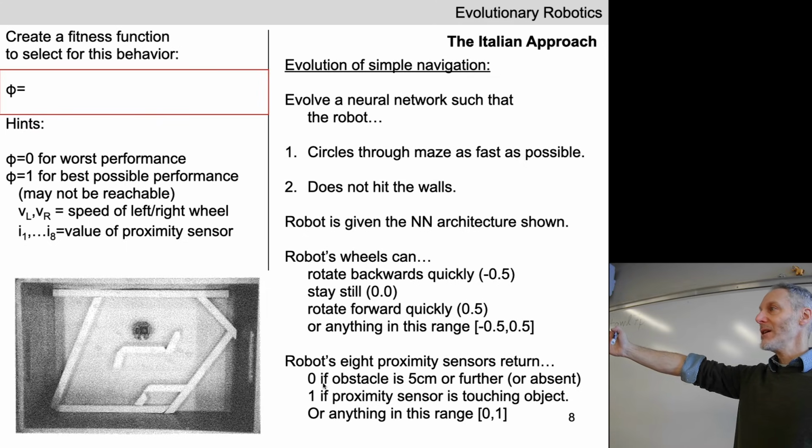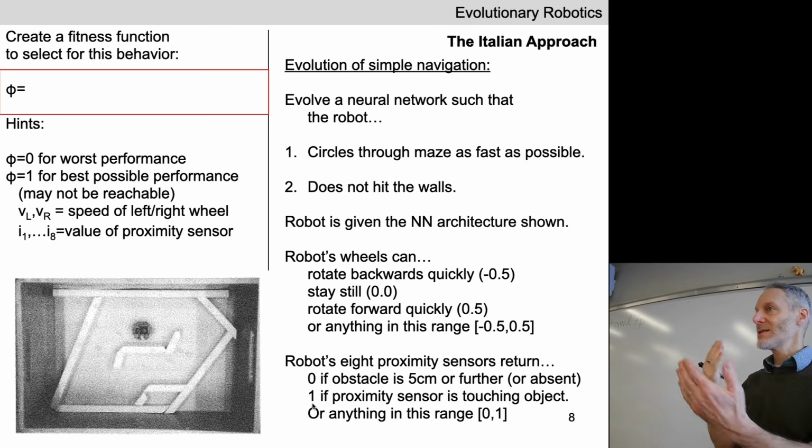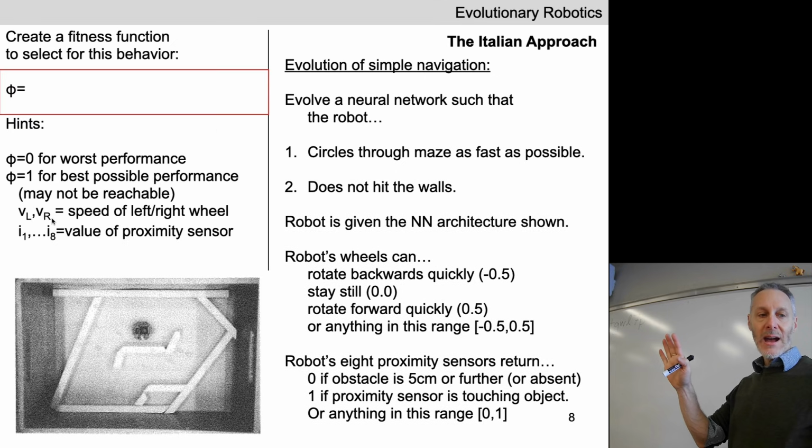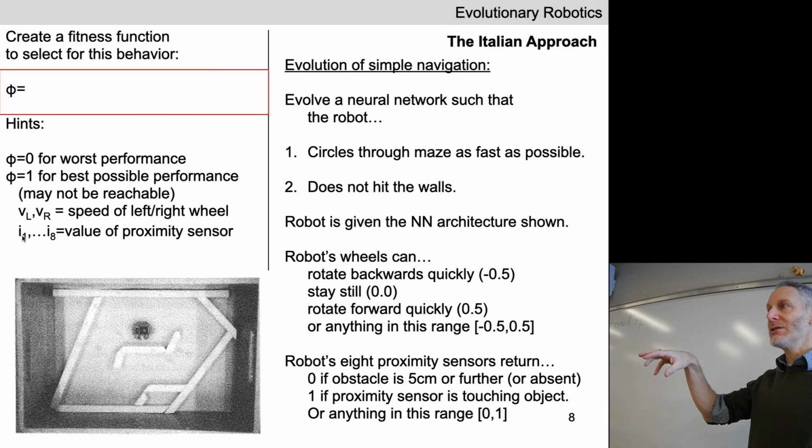That sensor can range between values of 0 and 1, where 1 is the proximity sensor is right up against some obstacle. We're going to assume I1 through I8 are these 8 proximity sensors, the 6 on the front, the 2 on the back, and we'll assume that these are average values. For the 10 or 15 seconds that the robot is running around in the maze with a given set of synaptic weights, what are the average values of those 8 sensors?